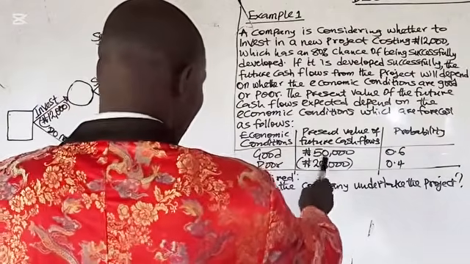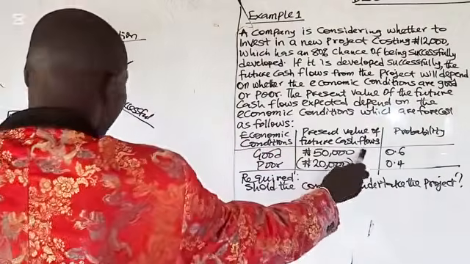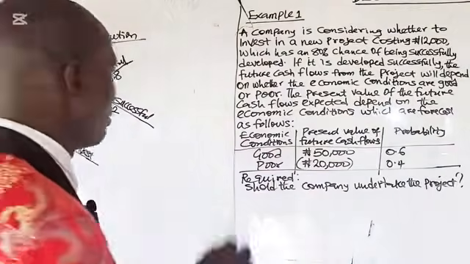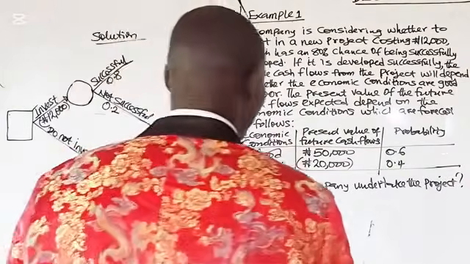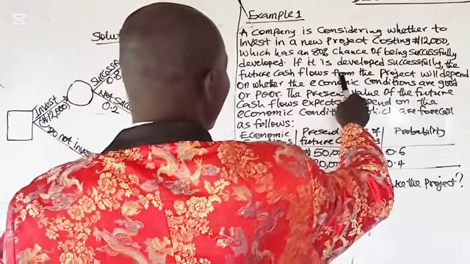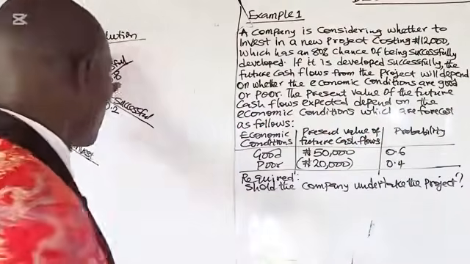These are the present values of the cash flows, and the attached probabilities are given. Since you have the probability, remember, what brings about this condition? You were told there is an 80% chance of being successfully developed, and we've done with that.